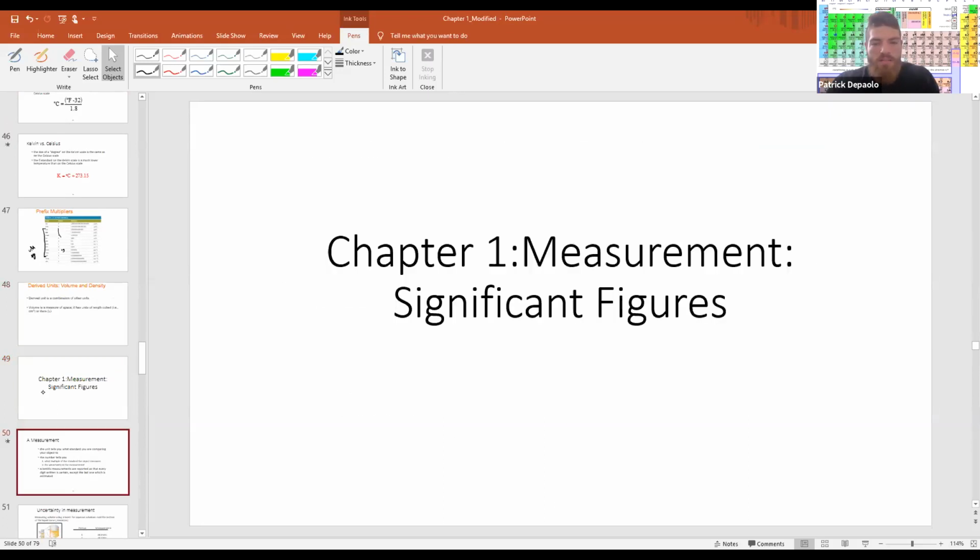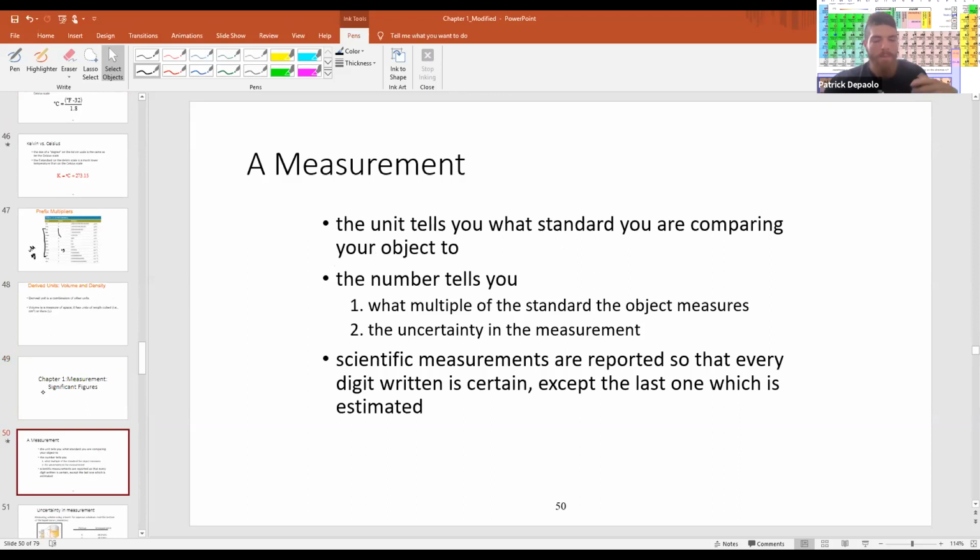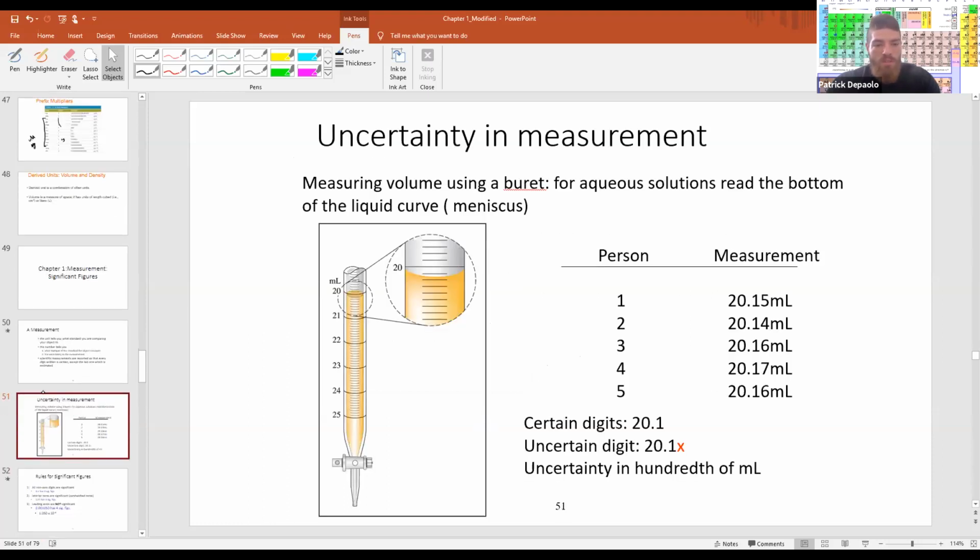All right, so sig figs. Now, I'm just gonna cut to the chase here. Sig figs are a pain in the ass, but they're important because we need to know how to make measurements. Let's say you have a ruler, or let's say you have a burette, and we need a correct way to measure it.